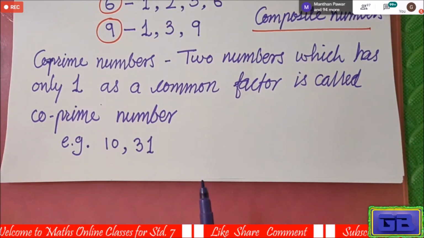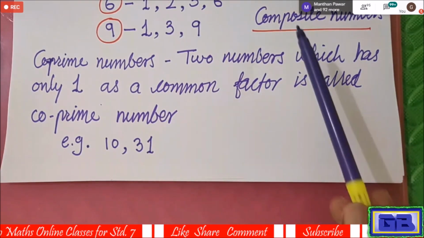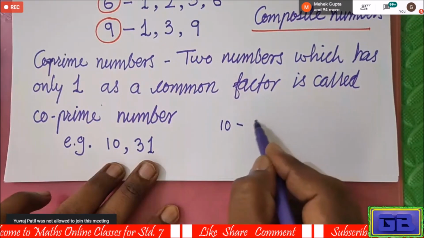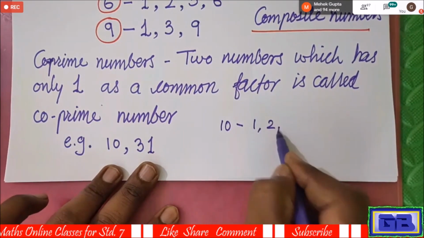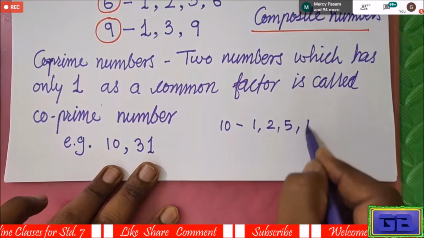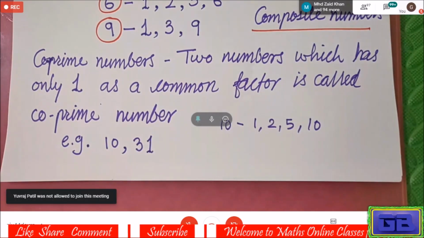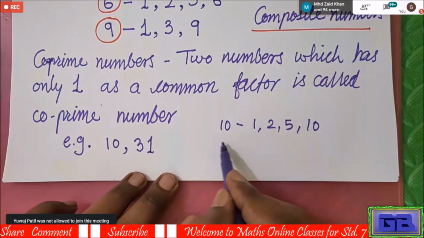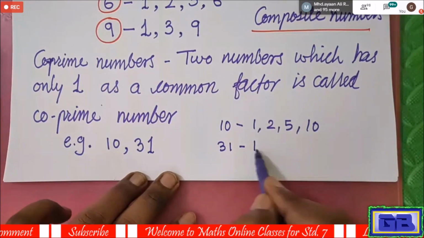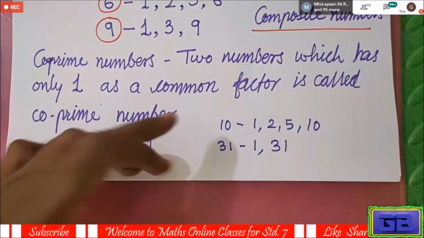Total 4 factors. So it is a composite number. 1, 2, 5. Yes. 31. 1 comma 31.